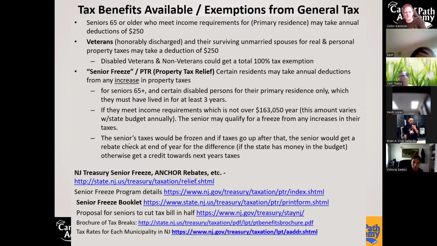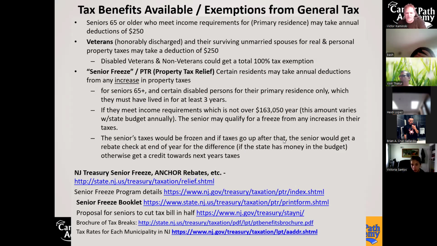Okay, so let me write that in there. Seniors' taxes would be frozen. If taxes go up after that, the senior would get a rebate check at the end of the year for the difference, if the state has the money in the budget, otherwise they get a credit towards next year's taxes. Let me write in there that the senior has to pay them still, though.